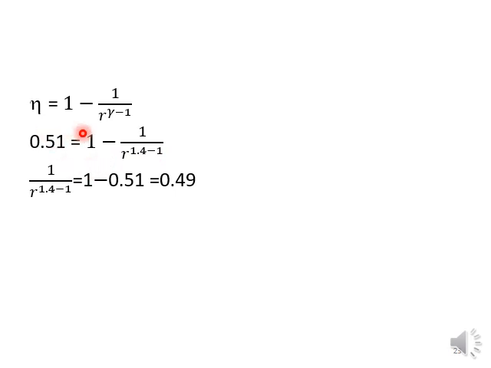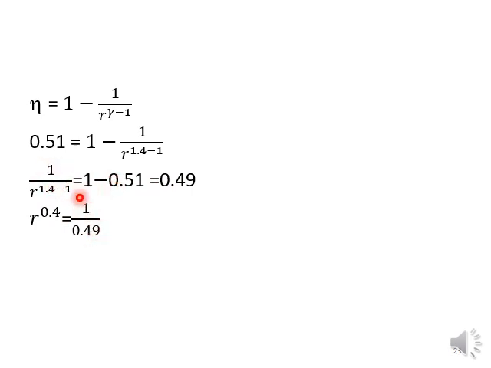So this minus term we take to the RHS side, it becomes plus 1 divided by R power 0.4, and this 0.51 comes to the LHS side, it is 1 minus 0.51. So it is nothing but 0.49. So R power 0.4 is equal to 1 divided by 0.49.